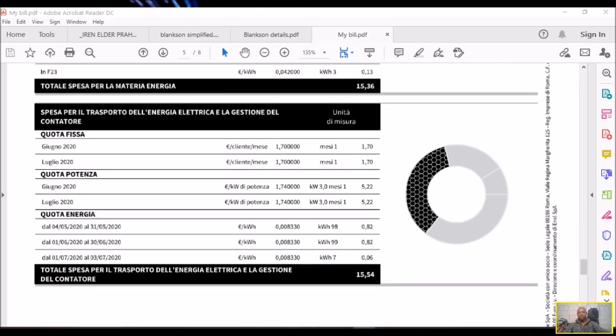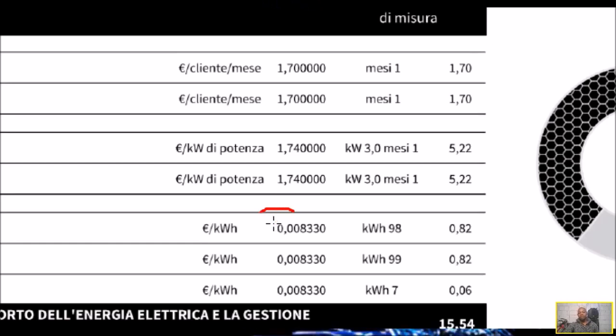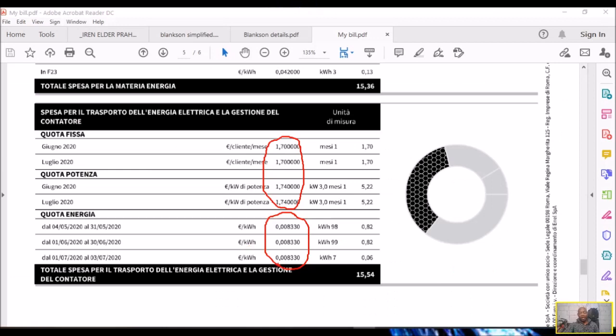I am paying 0.0083, which is not even up to 1 cent. 0.00833 times the 93 kilowatt hours will give you 0.82. Well, you can take your calculator and do these calculations by yourself. And now the total of all this here is what gives you 1554, as we saw before. So it is the total of spesa per il trasporto dell'energia elettrica e la gestione del contatore, which is 1554.